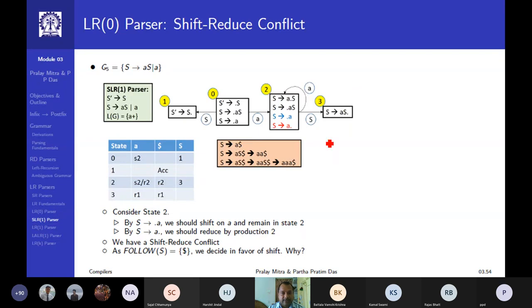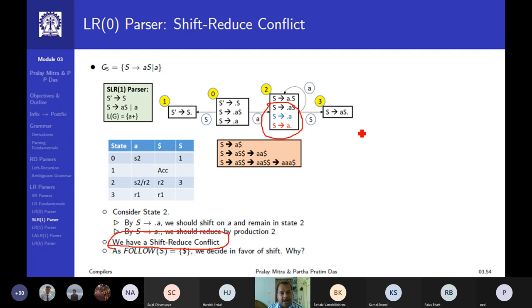So this is the same grammar from the previous slide. We have a shift-reduce conflict at this position because of these three production rules. The second and third items of state 2 indicate you go for a shift, and the fourth indicates you go for a reduction.